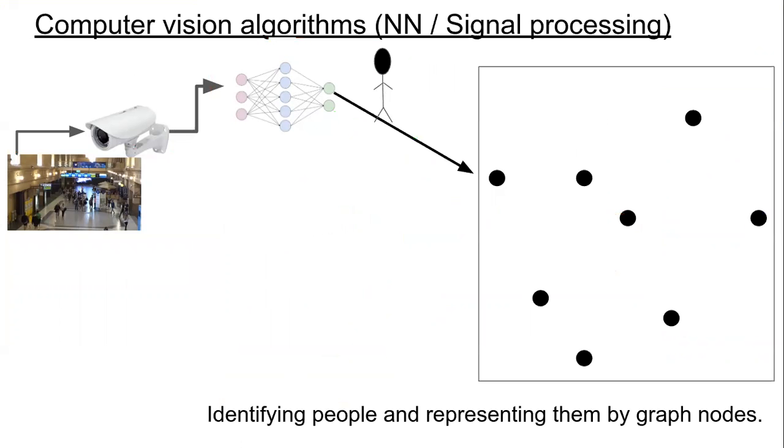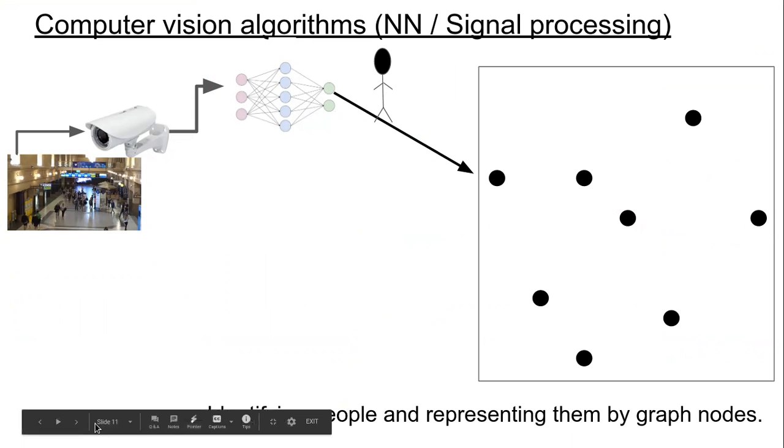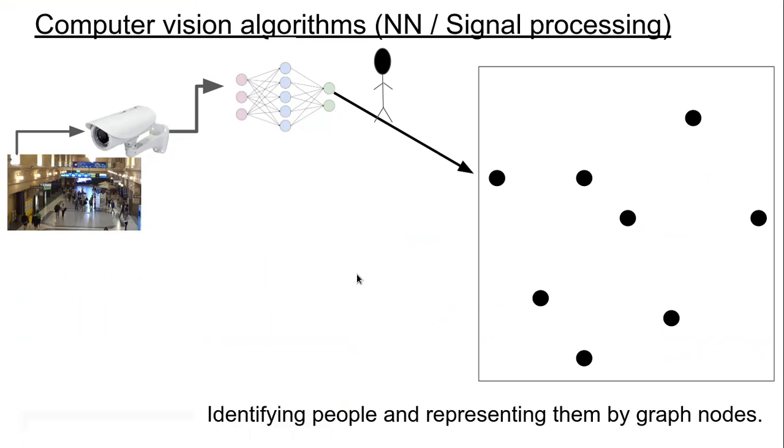So let's start with the most basic computer vision algorithm, one that detects people. All the people are represented as nodes in the graph. These nodes might be identical because in this step we are not going into the diversity of people, we are just taking people and representing them as nodes.